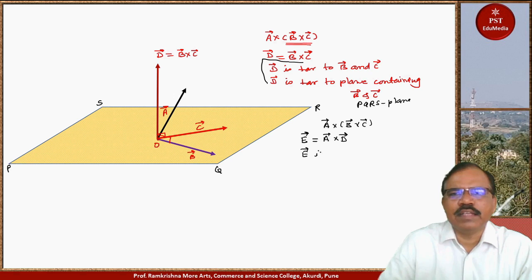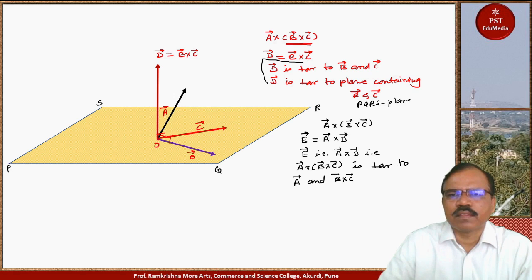E, that is A cross D, that is A cross B cross C, is perpendicular to A and B cross C.